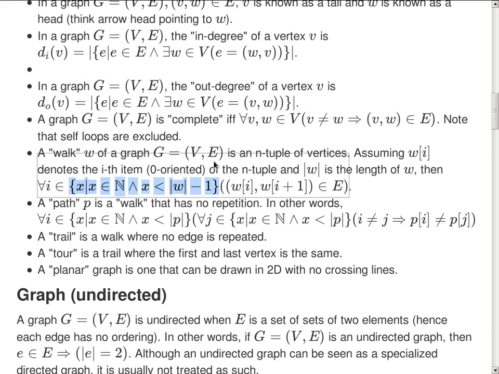X also has to be less than |W| minus 1, which means it can only run up to the index. It has to be less than the value index of the entire array. Because |W| minus 1 itself is the index of the last item of the array.